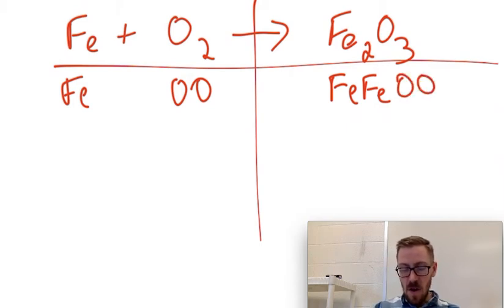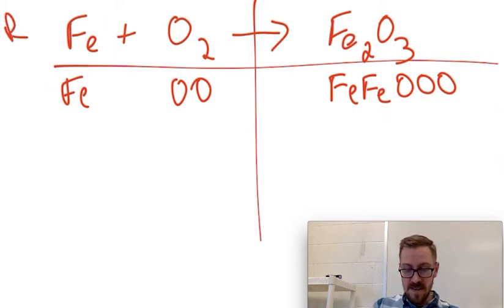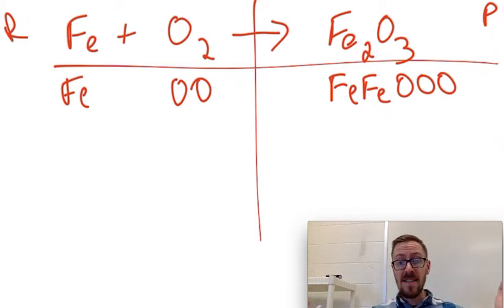So right away we see we have 1 iron on the left and 2 on the right, and we also have 2 oxygen on our reactants side and then 3 on our product side. So we have lots of balancing to work out.